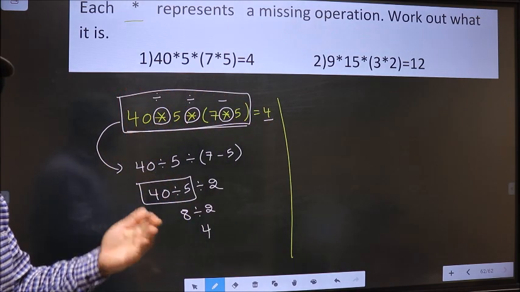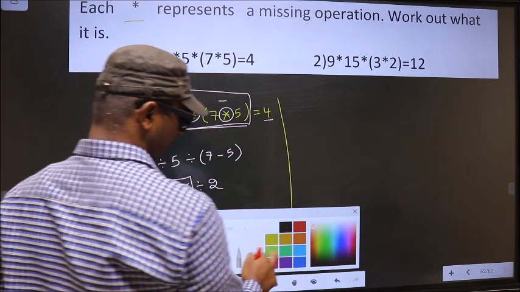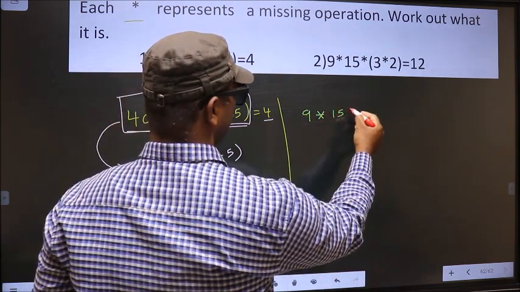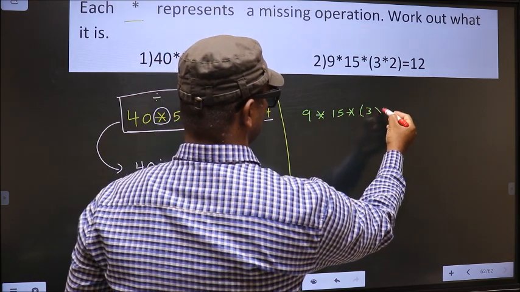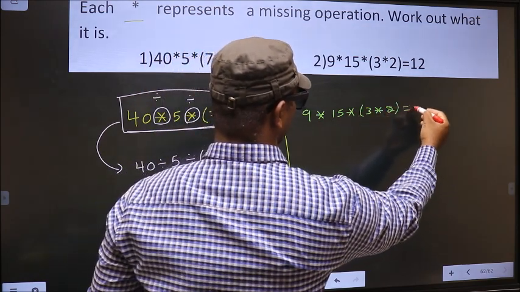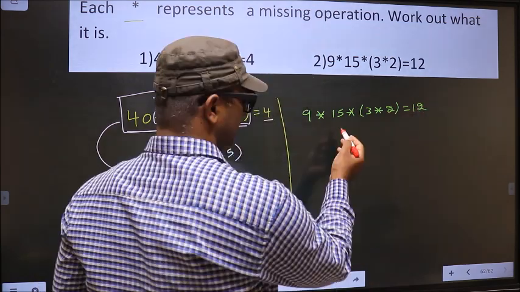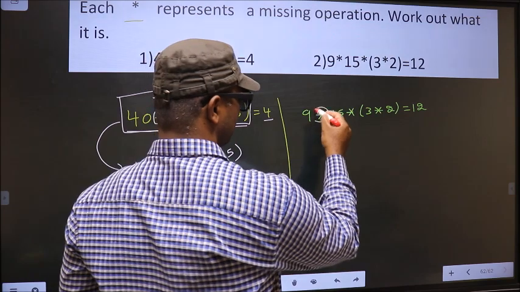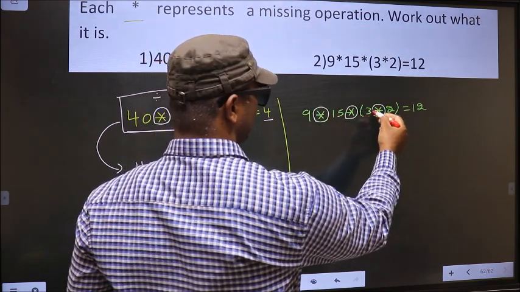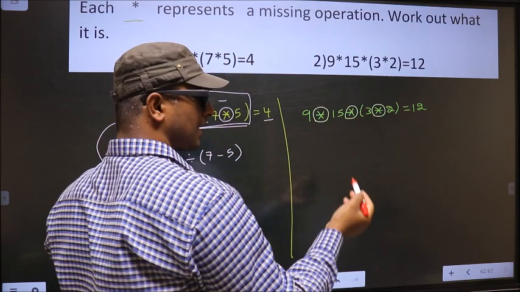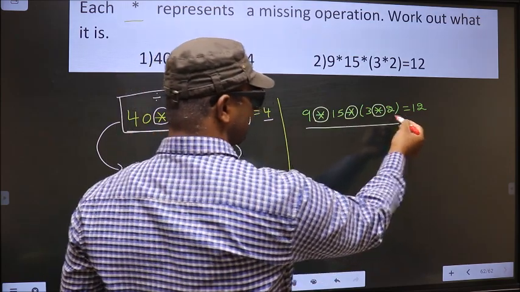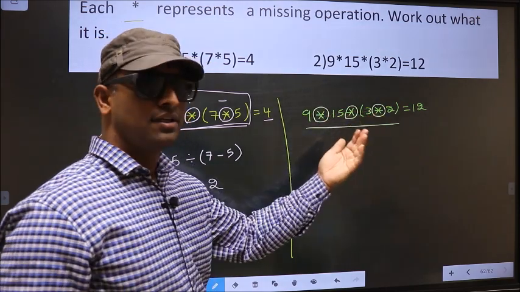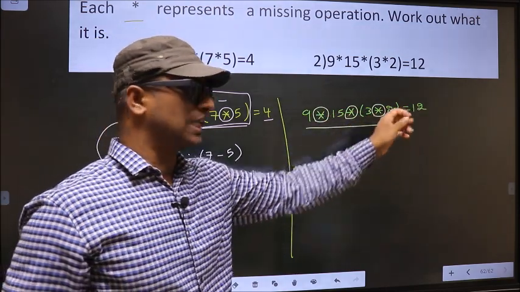Okay. Next. 9 star 15 star 3 star 2 equal to 12. Here they are asking us to replace these symbols with an operation such that when we calculate this expression, after replacing these symbols, we should get the result to be 12.